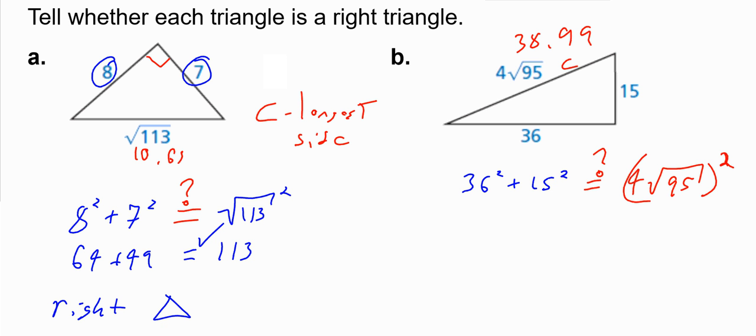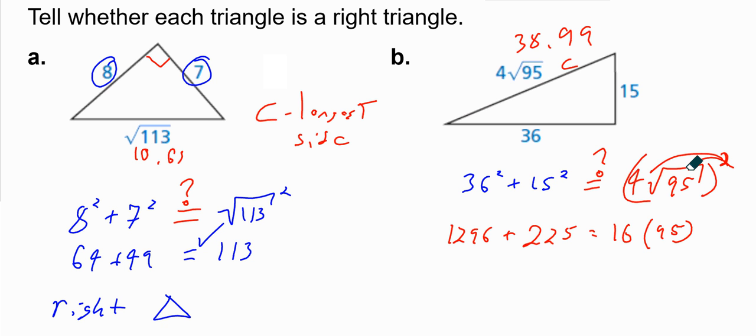So I am going to get 36 squared is 1,296 plus 15 squared, which is 225. And 4 squared is 16. The squaring of the square root of 95 is just 95. So I'm squaring the 4 and I'm squaring the square root of 95.